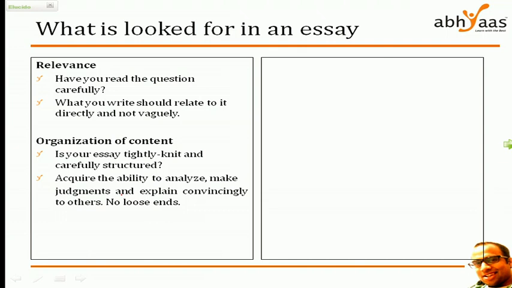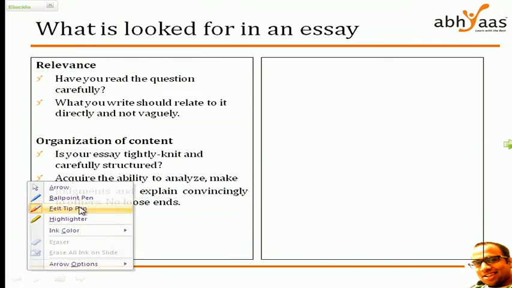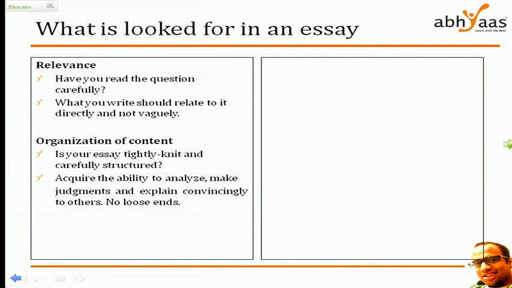Even if you have the best of ideas, but if you don't have what it takes to explain that idea convincingly, then it's a half-baked idea. It's a half-baked product to somebody who is reading it. Okay? So don't leave any loose ends. Tight-knit your entire idea in a manner that all the points that make it to the essay are well explained, well reasoned, and effective. Right?